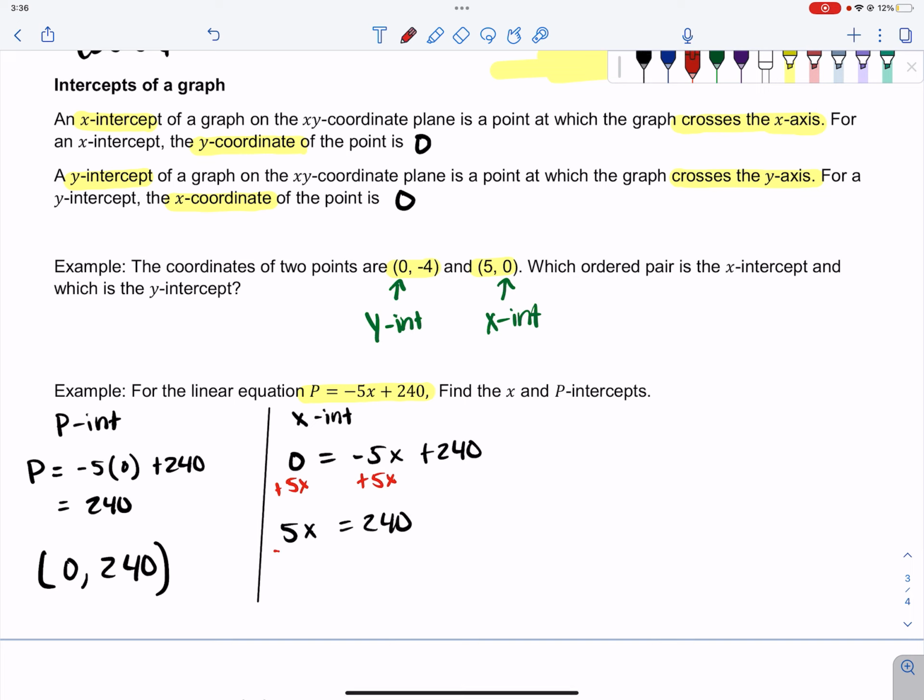Now we can divide both sides of our equation by 5, so x = 240 divided by 5, which is 48. We got back 48 for x when we put in 0 for p, so the ordered pair is (48, 0).